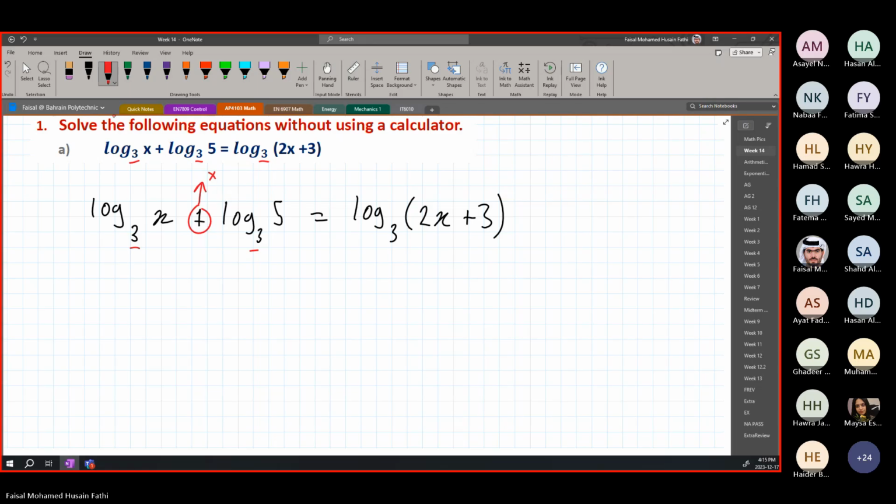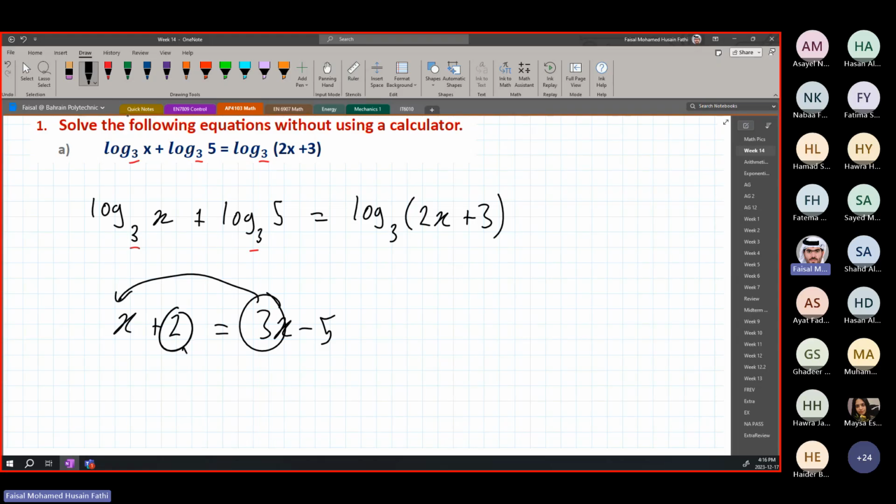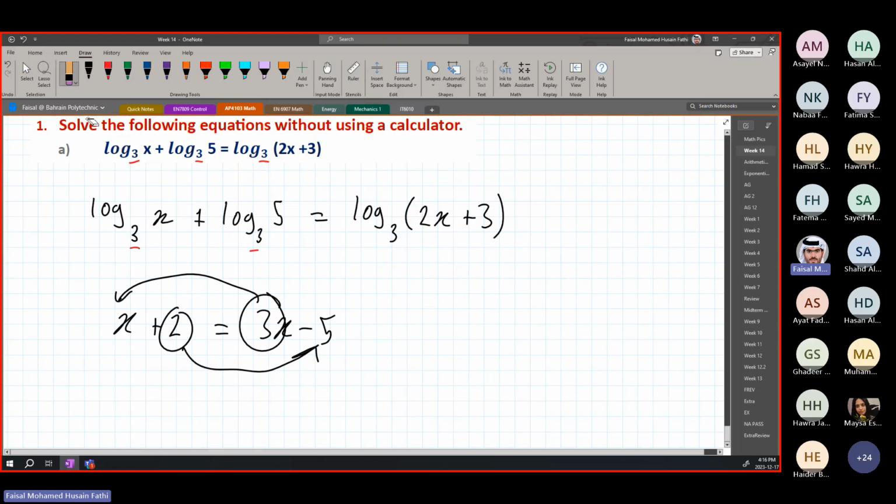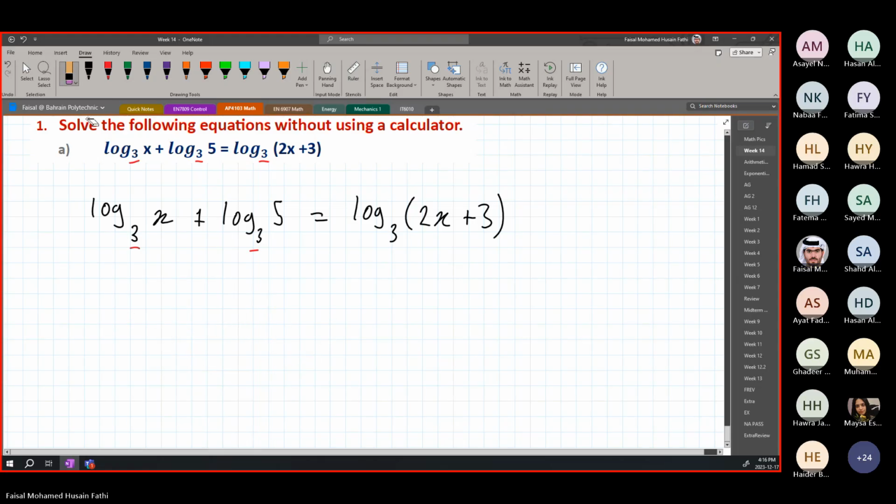Right? But before that, when solving for x in this case, we want to group all the logs that have x onto one side. Remember how we used to solve normal linear equations when we have x plus 2 is equal to 3x minus 5. What do we do here? We try to group all the x's on one side and all the coefficients on the other side. The exact same concept will be done here.